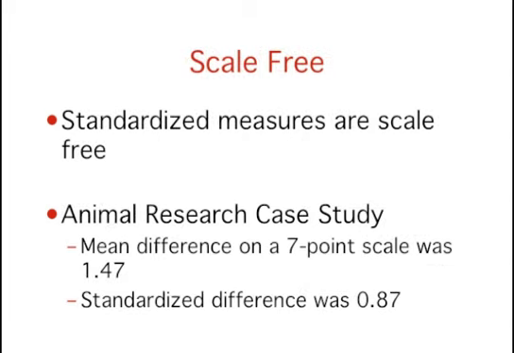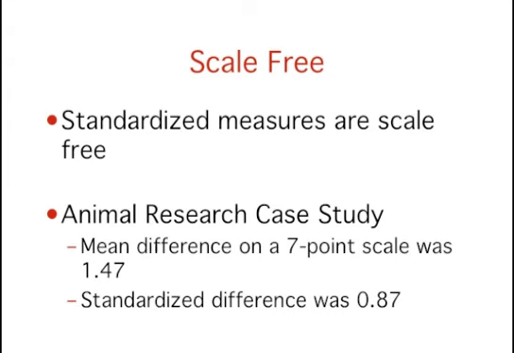Standardized measures such as Cohen's d and Hedges' g have the advantage that they are scale-free. That is, since the dependent variable is standardized, the original units are replaced by standardized units, and are interpretable even if the original scale units do not have clear meaning. Consider the animal research case study.